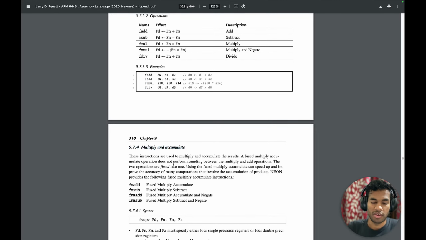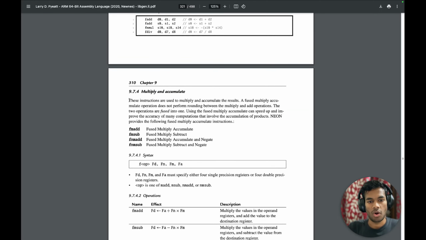Then multiply and accumulate. Special multiply instructions. These instructions are used to multiply and accumulate the results. Fused multiply accumulate, this option. Wait a minute. Yep.